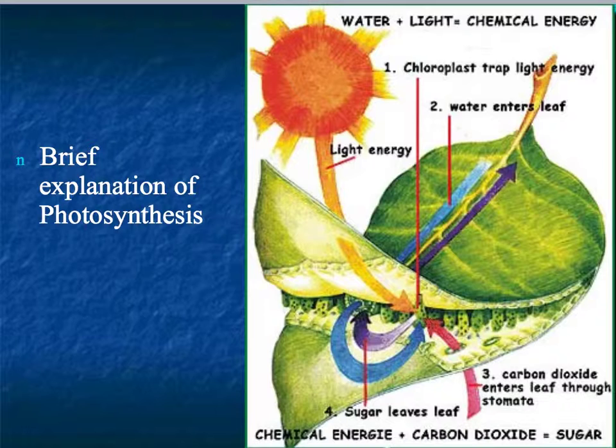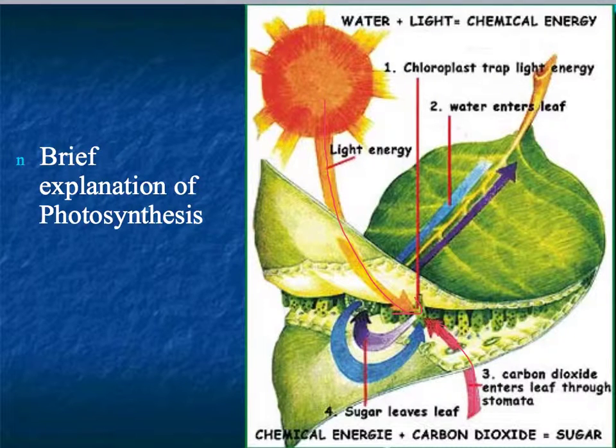This is just a quick little image of the process of photosynthesis. Again, you have light energy that is coming from the sun, and then you have carbon dioxide coming through the stomata.